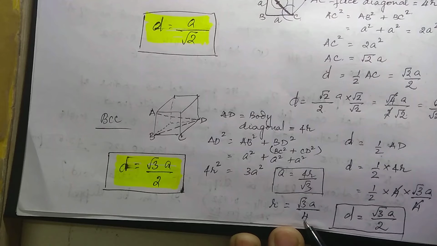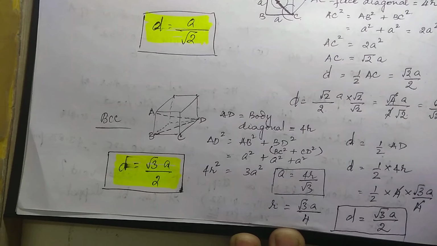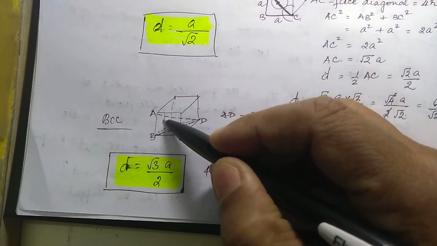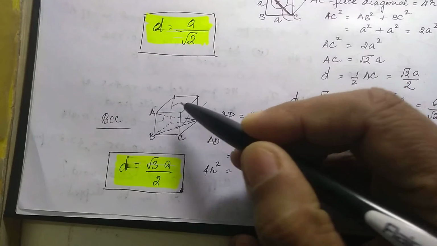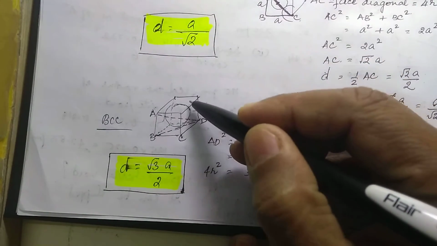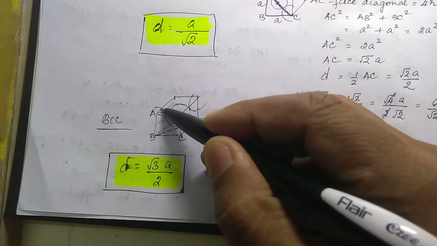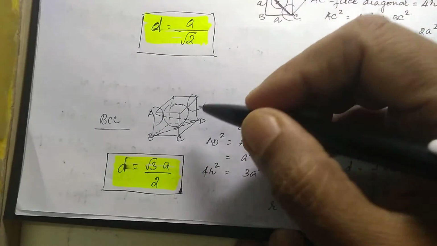Right. Now what do you want? You want nearest neighbor distance. Now in the case of nearest neighbor distance, what do you have? You have the corner atom and then the central atom and then again this corner atom. This is your central atom. This is your corner atom. This is another corner atom.